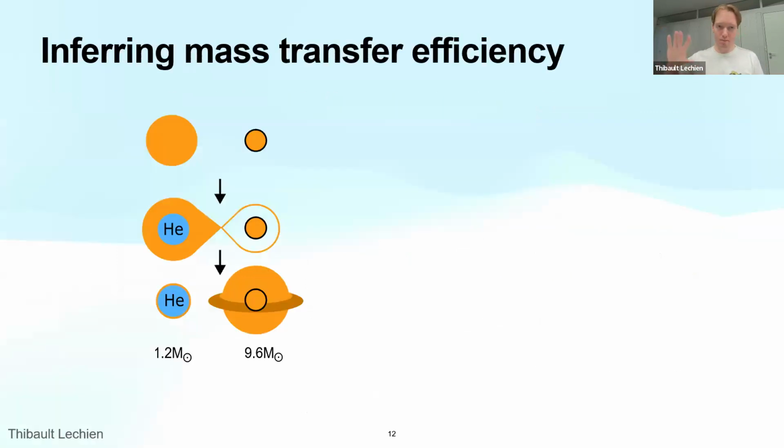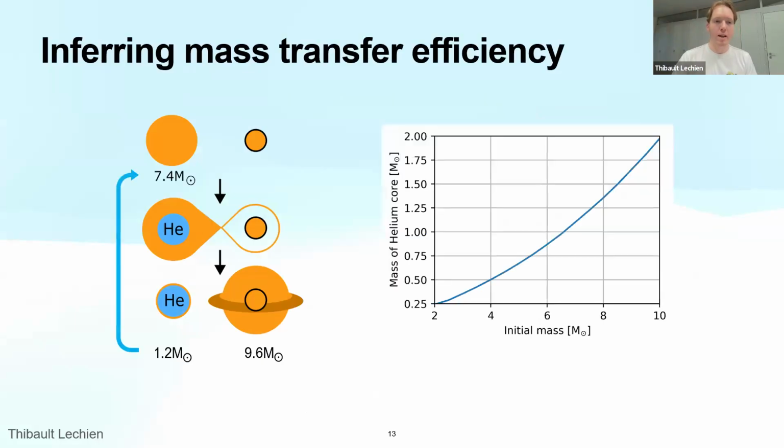And so I'll now briefly explain the method by which we can constrain the mass transfer efficiency using just the current-day observed masses. And so in this evolutionary diagram, you can see the birth configuration at the top and the present-day system at the bottom. And the way that we try to infer anything about the initial state is we use our knowledge of single star evolution.